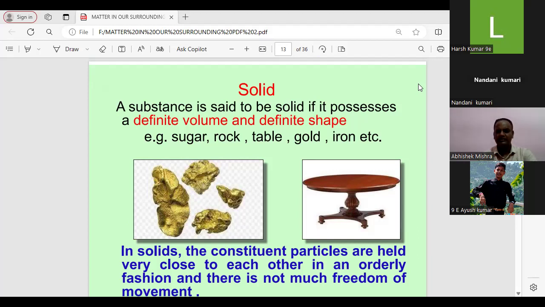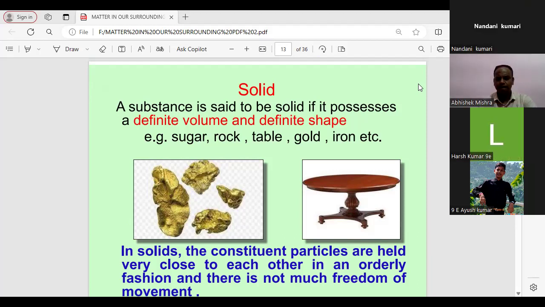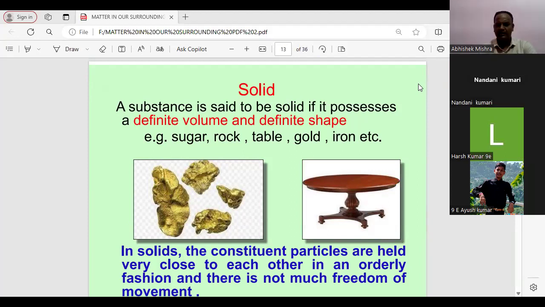Okay. Nandini, next property. Sir, in solid, force of attraction is maximum. Okay, next Ayush. Ayush, next property. Unmute yourself, Ayush. Apart from these two properties which Nandini and Harsh have shared.